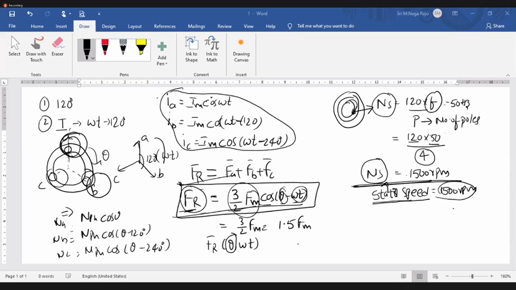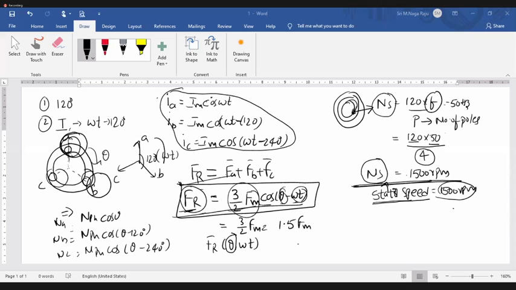So when we give supply to the three-phase induction machine, first we get the rotating magnetic field with a speed of Ns. At the very starting moment, the speed of the rotor is 0, and the relative speed is this one. Now the rotor will rotate in order to reduce the relative speed, in the same direction as the rotating magnetic field.